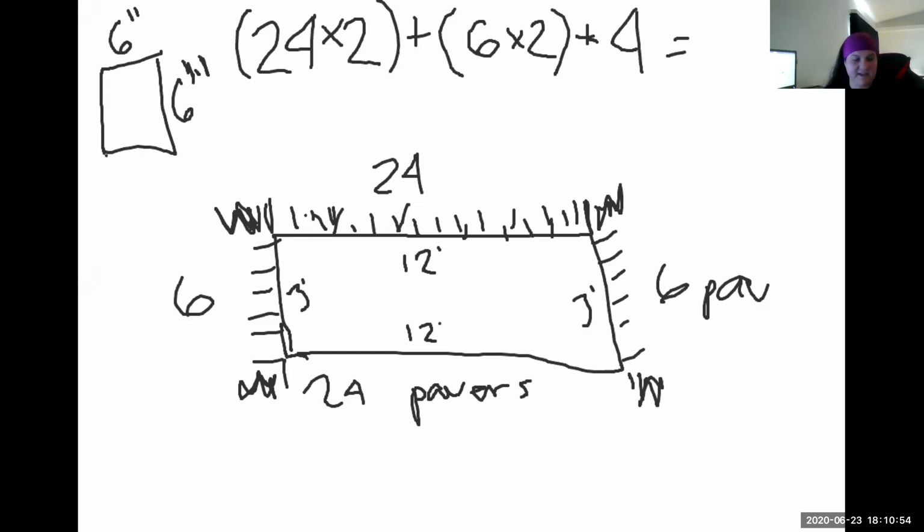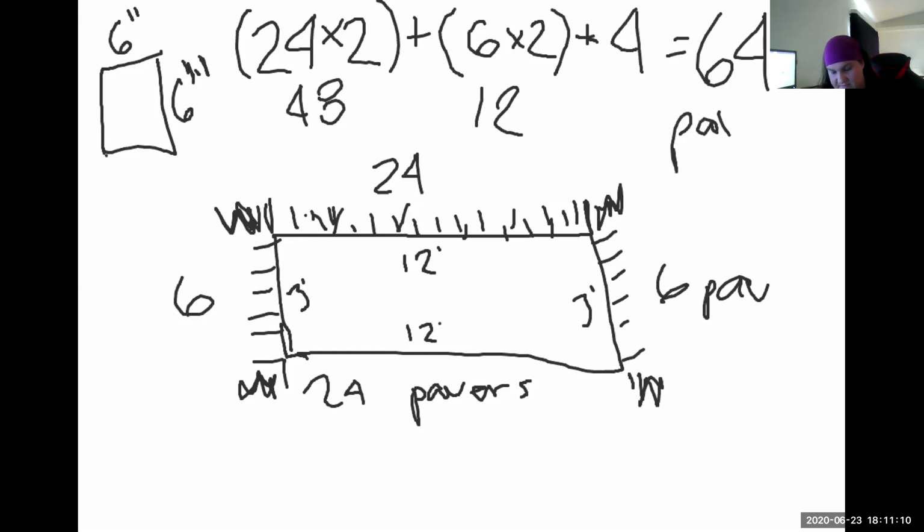So let's figure this out. 24 times 2 is 48. 6 times 2 is 12. 48 plus 12 plus 4 equals 64 pavers. That's the easiest way to figure that out. So we know that he needs 64 pavers to pave his entire garden.